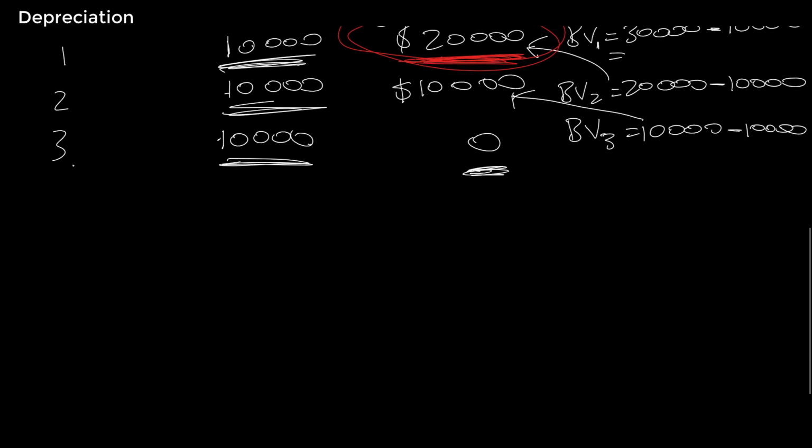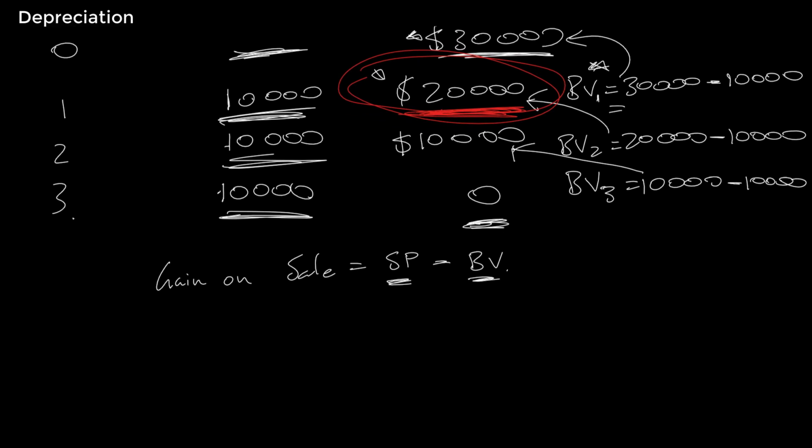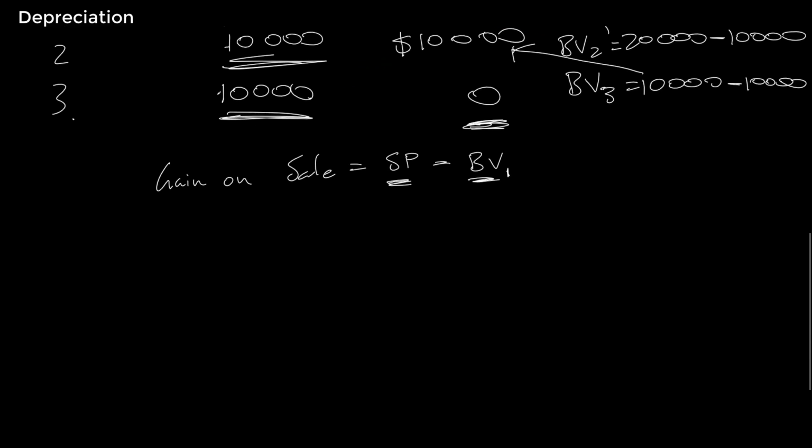With respect to our tax system with assets, you only tax on what they call the capital gain, or the gain on sale. The gain on sale is simply equal to the selling price, what you sold an asset for, minus the book value of that particular asset. Because we're selling it in year 1, it'll be the book value in year 1.